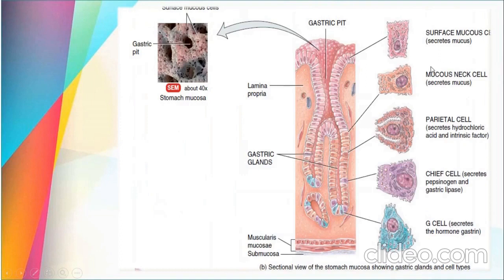The surface mucous cells secrete mucus, mucous neck cells secrete mucus, the parietal cell is responsible for secretion of hydrochloric acid and intrinsic factor, Chief cells are responsible for the secretion of pepsinogen and gastric lipase, and the G cell secretes the hormone gastrin.